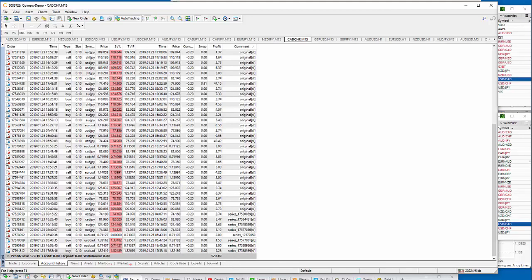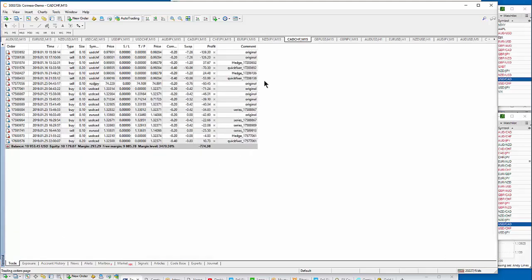Now, a lot of this has to do with how we have the settings set up in the EA. As time goes by, we'll keep adjusting the settings to try to get more off of the trades that actually happen. Right now we are running a negative PL of $773.